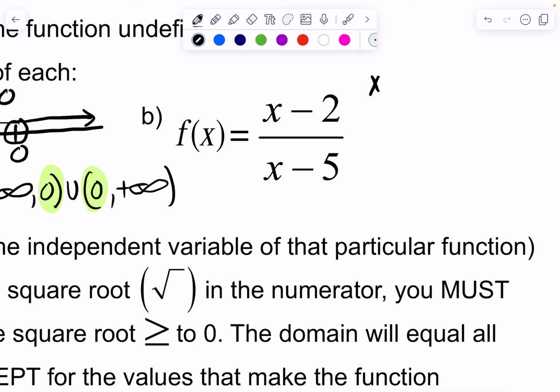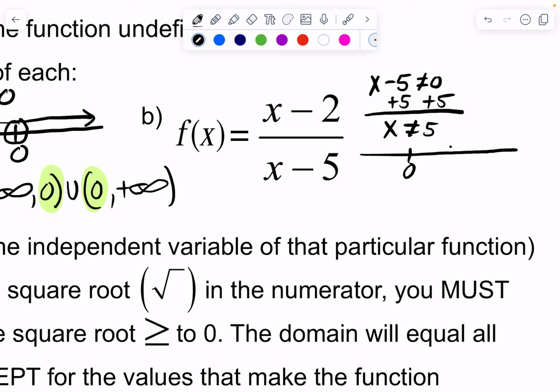Next, f of x equals x minus 2 over x minus 5. We're going to go ahead and set the denominator of x minus 5 not equal to 0, and we're going to solve. So therefore, x cannot equal 5. Let's go ahead and graph that to have a visual representation. So all the values of x can be less than 5 or greater than 5, but not equal to 5.